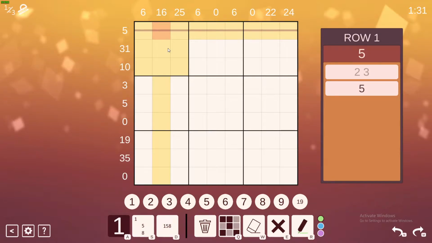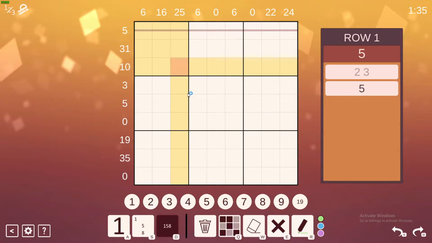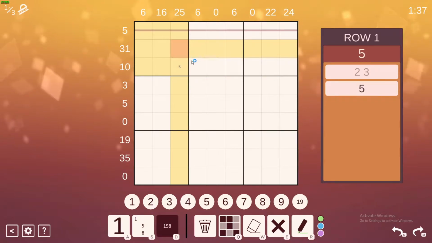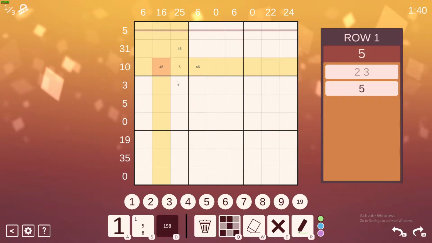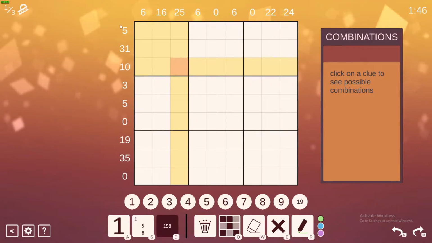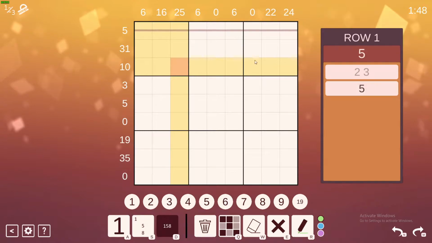And, like, if you have a 5 somewhere, let's say we have a 5 right here, we cannot place a 4 or a 6 in any of the surrounding cells. So we'll keep that in mind as we solve this Sudoku and eliminate some of these sandwich possibilities.